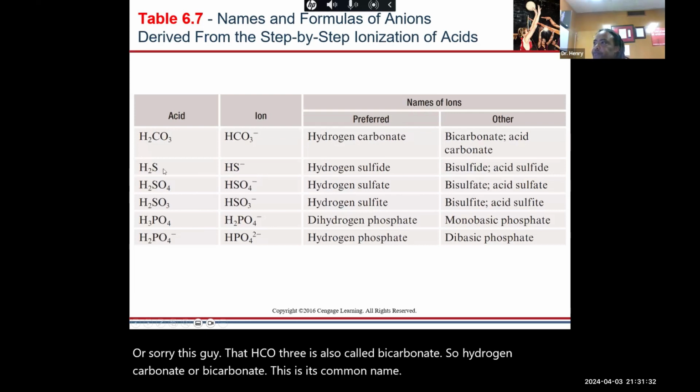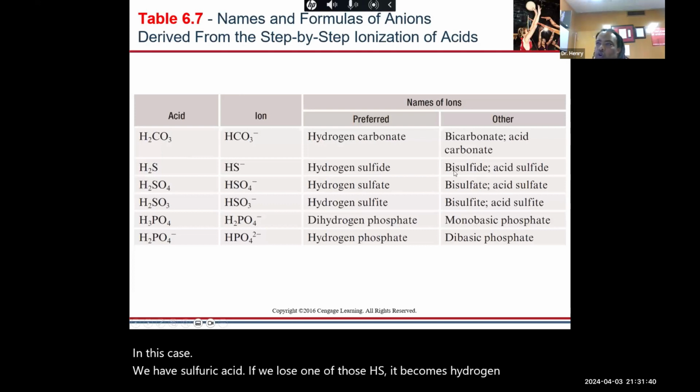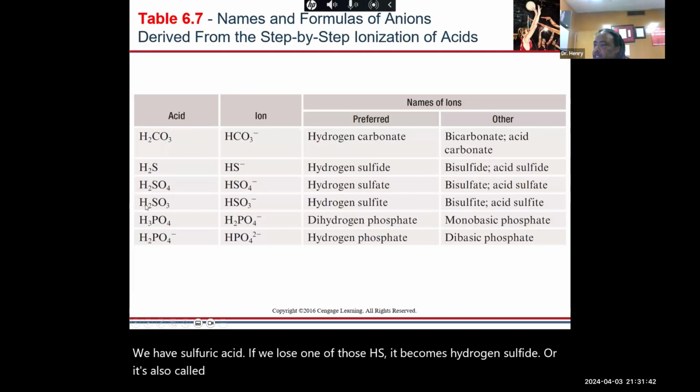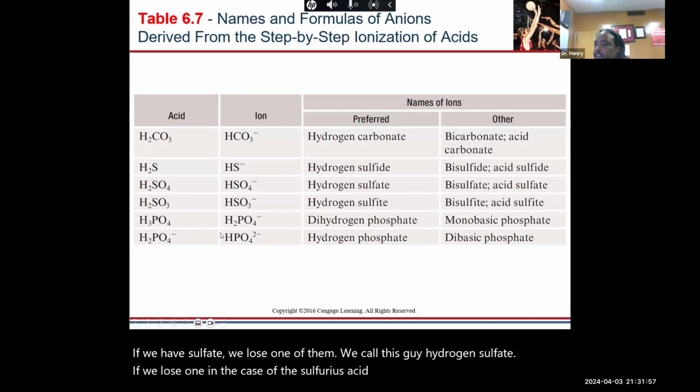In this case, we have sulfuric acid. If we lose one of those H's, it becomes hydrogen sulfate. If we lose one in the case of sulfurous acid, it's called hydrogen sulfite.